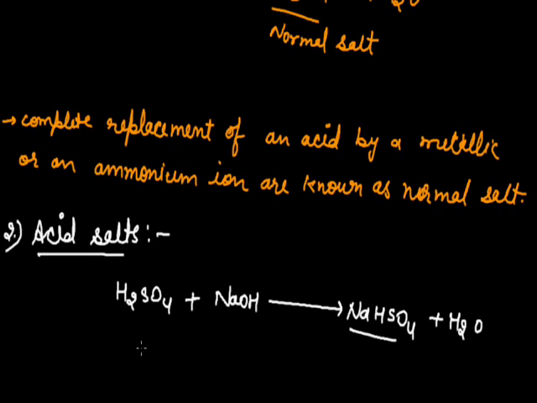And for the formation of acidic salt, it is a necessary condition that the acid should be polybasic in nature. If acids are not polybasic in nature, then we cannot form acidic salt.